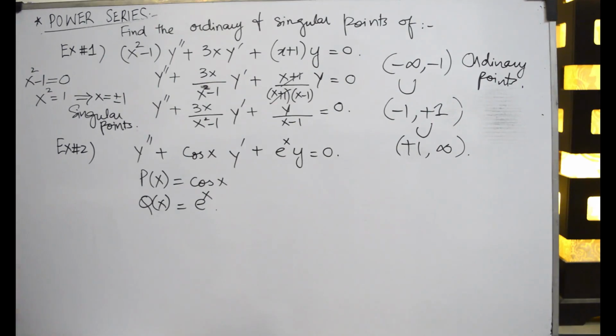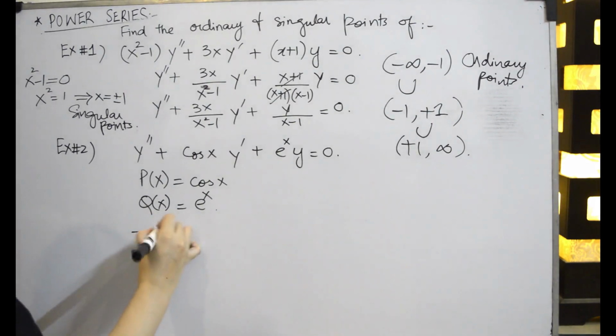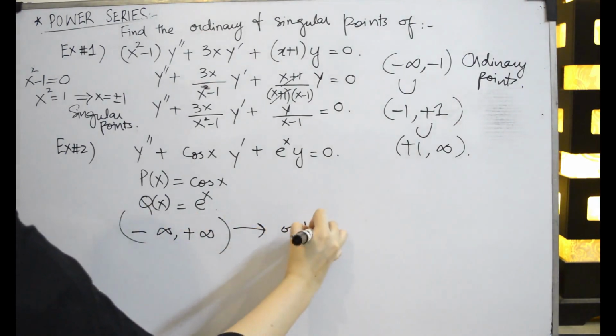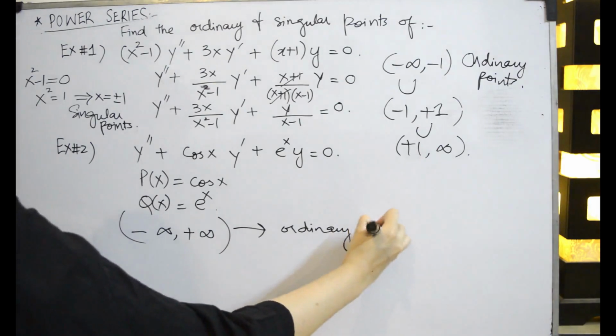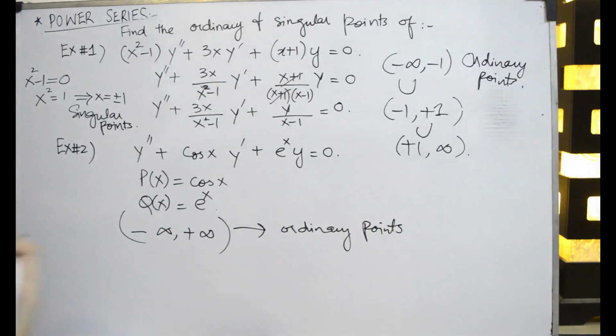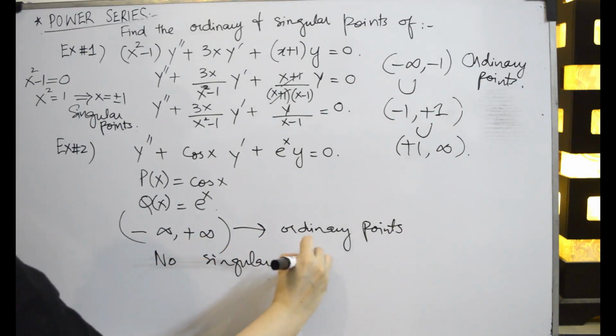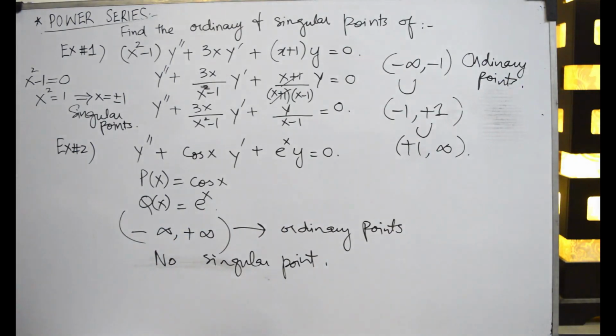So it is defined everywhere. All points from minus infinity to plus infinity are ordinary points, and there is no specific point that will make this function undefined. So simply, there is no singular point in this example.